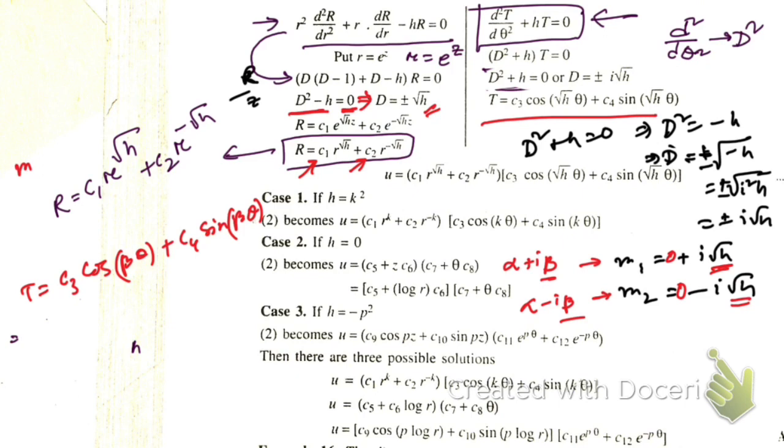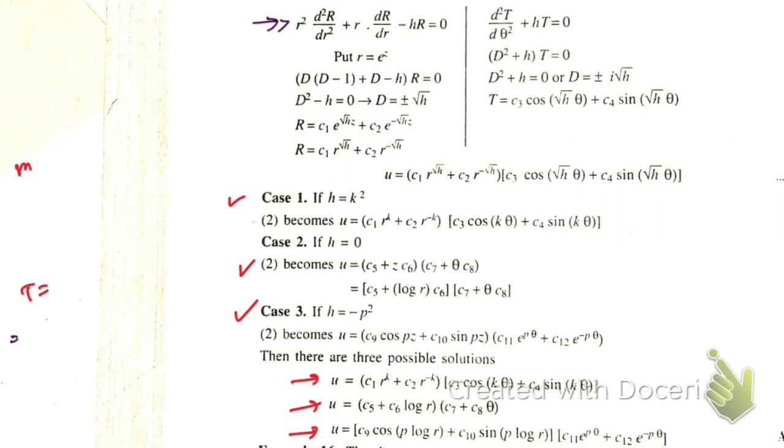Now let me clean all these things, so you can see the solution clearly. I hope you have understood this. So these are different cases for which you're going to have different solutions. For the 3 different cases we have got 3 possible solutions here, right?